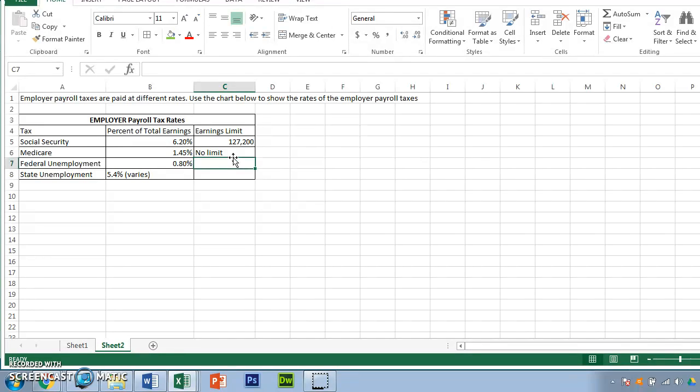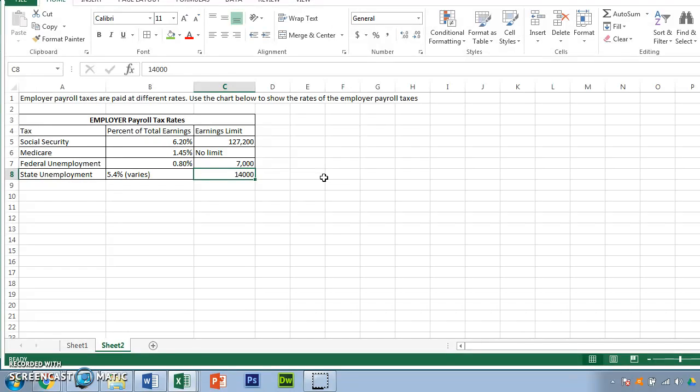For federal unemployment, the limit is $7,000. So in our other example, once Mary has made $7,000, you no longer have to take out that 0.8%. State unemployment, once Mary reached $14,000 in wages, you would no longer have to take out that 5.4%.